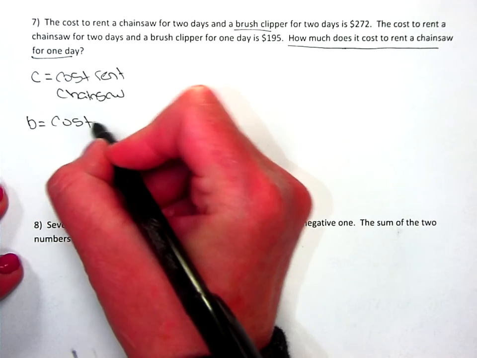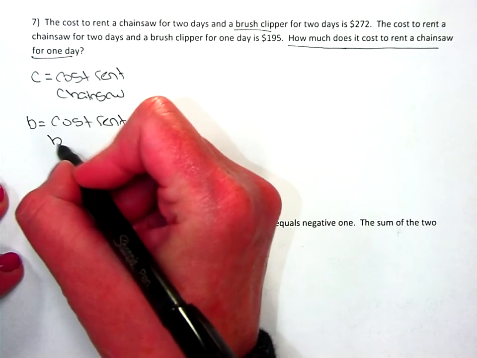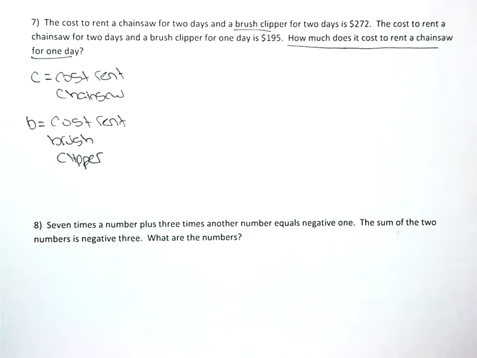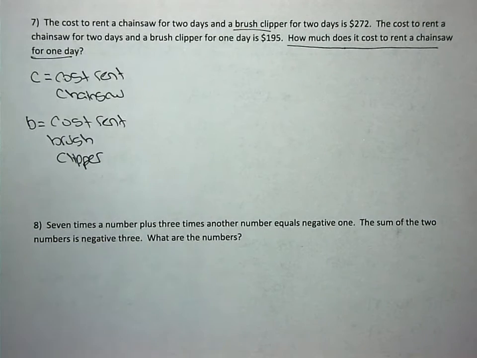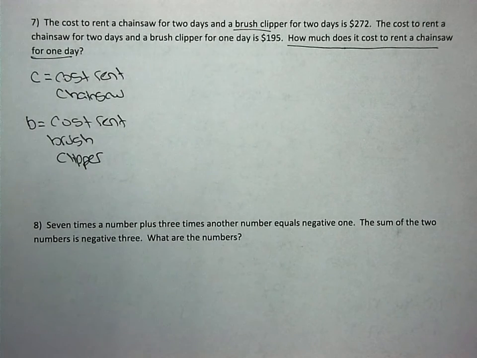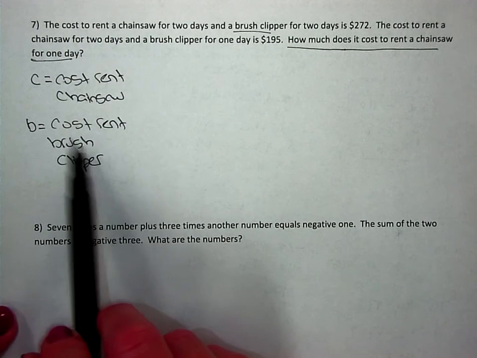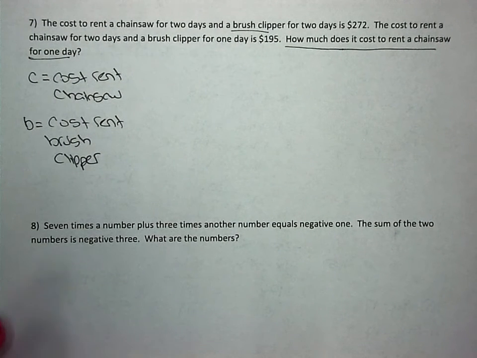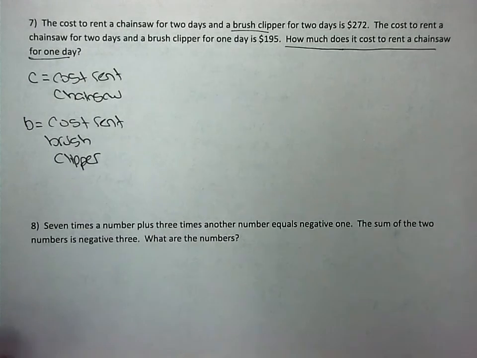So B is the cost to rent the brush clipper. It doesn't matter what variables you use. I like the variables to kind of be like what the problem is. Many people would use X and Y. It doesn't matter what you do as long as you do this step, and you have to define it for me. That is a necessary one.